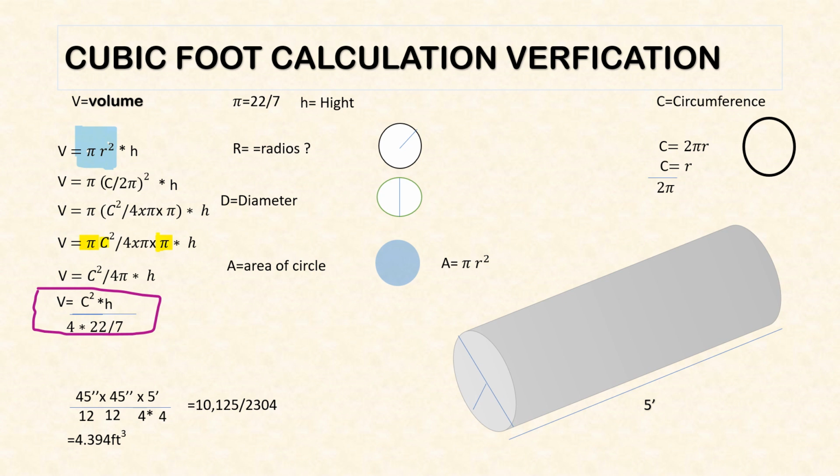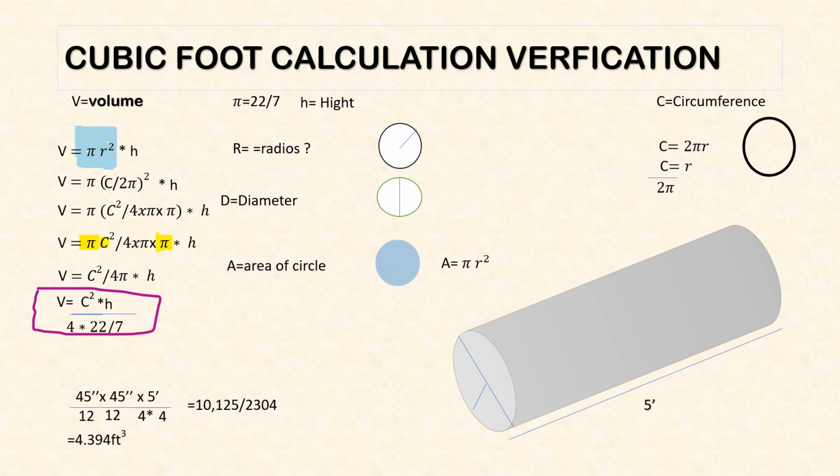So when you replace R squared by the term that we have found, the second line says volume V equals π within brackets C divided by 2π close bracket, into squared, into H.